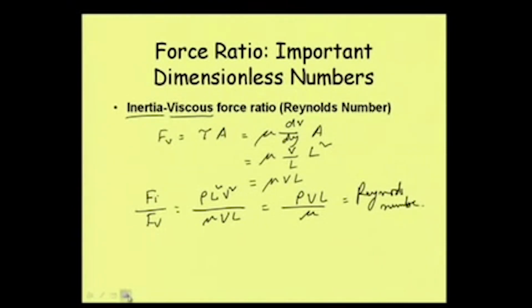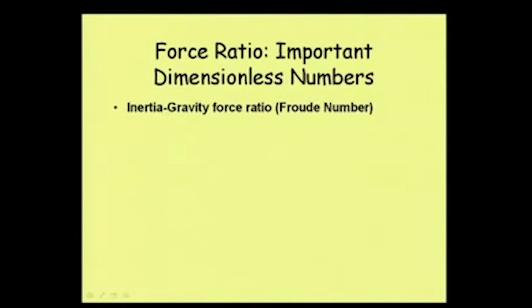Well, then similarly let us see, if we talk about the inertia to gravity force ratio, what can be the expression for gravity force? The expression for gravity force we can write as mass into acceleration due to gravity.